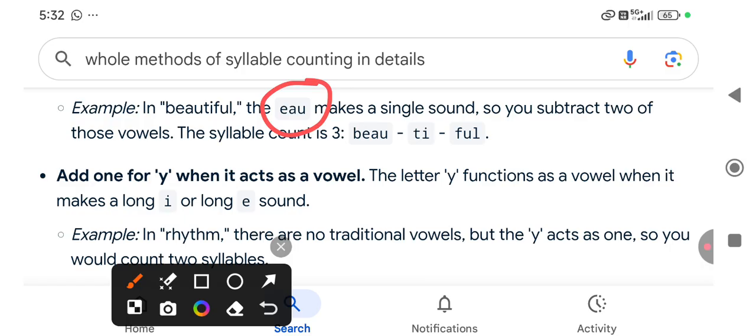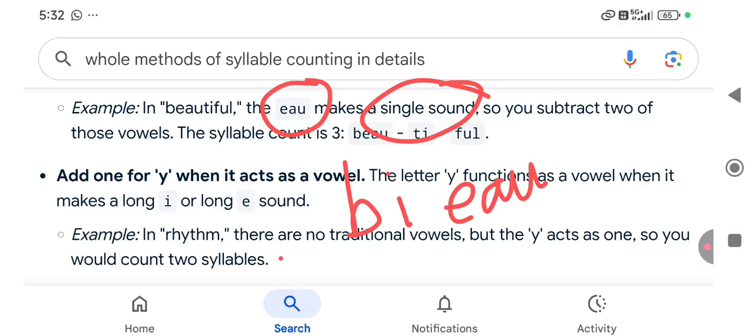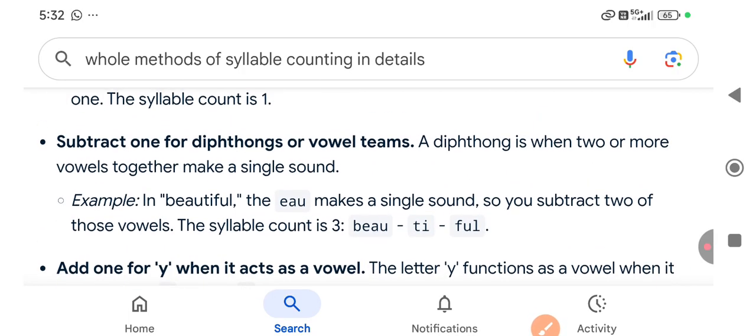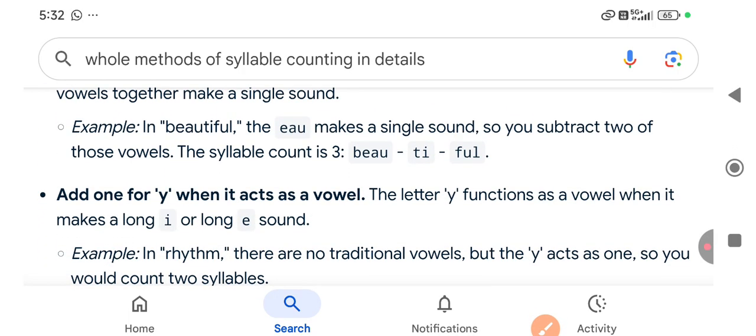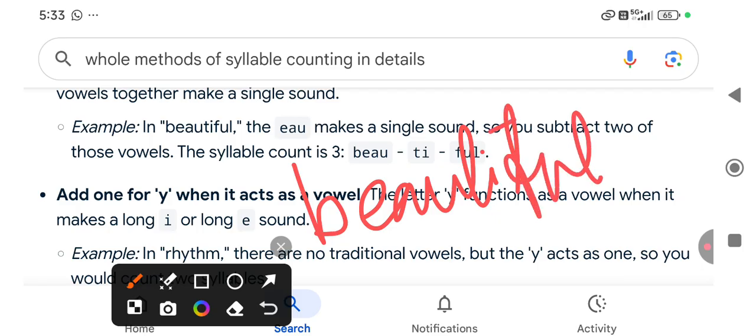This is not separate sounds, it's a single sound: EAU, bu.